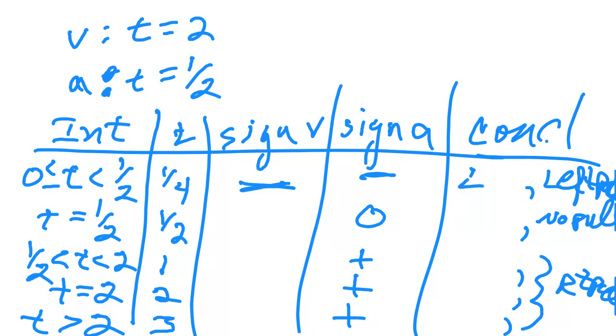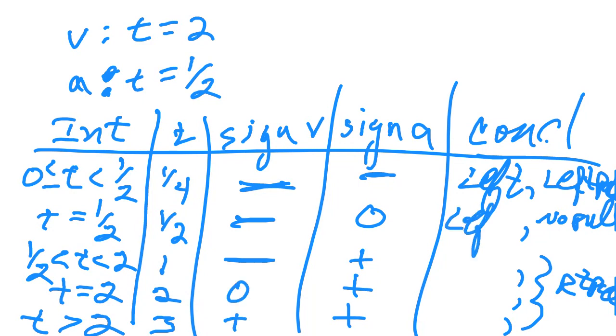So it's going left. So this is still negative here. Negative, negative until we got to 2, and then it was 0, right? And then it was positive. So I'm going left, left, left, stop, and then right, correct?